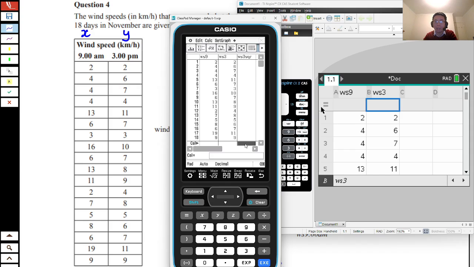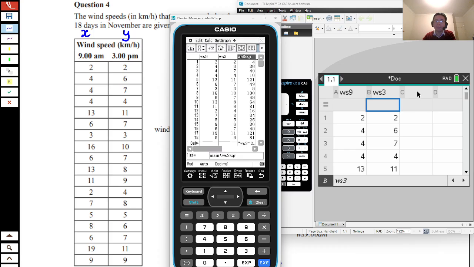So here I am going to type in ws3 to the power of 2 and then press enter. And you'll see the calculator squared all the values for me. All of these look like the numbers have been squared. And I've now got the two variables that I need for my model. I've got the original x variable, and I've now got the y squared variable.